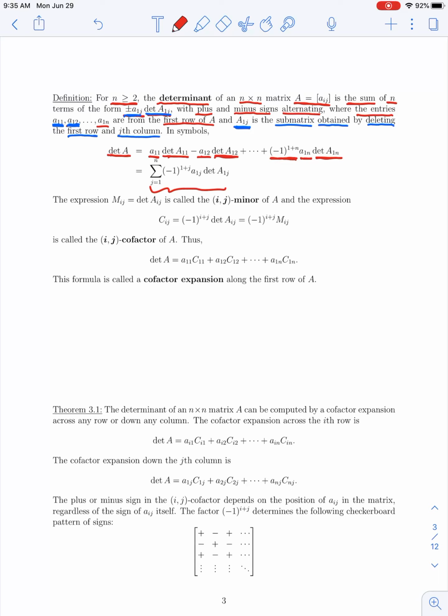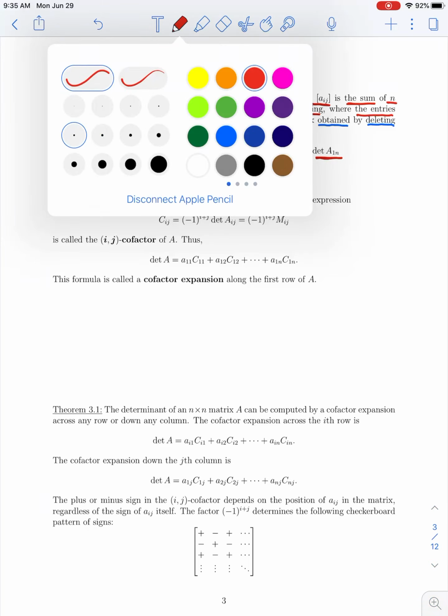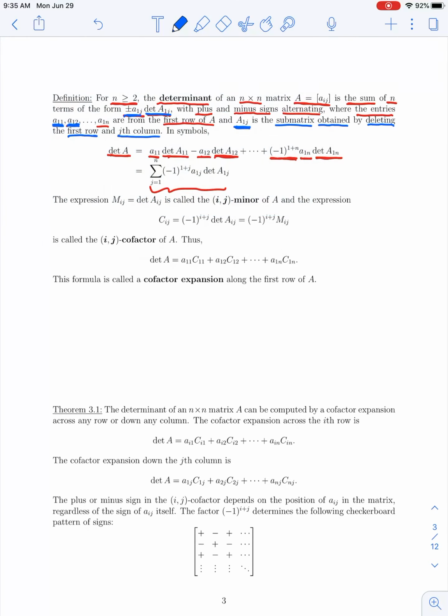Within this definition of our determinant, we can identify some particular terms and give them names.